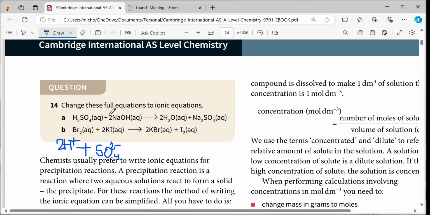Okay, hold on, give me a second. Now we have sodium hydroxide.